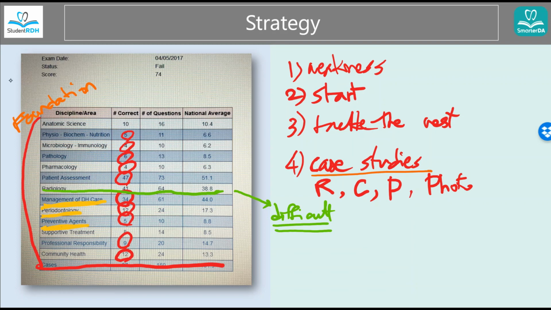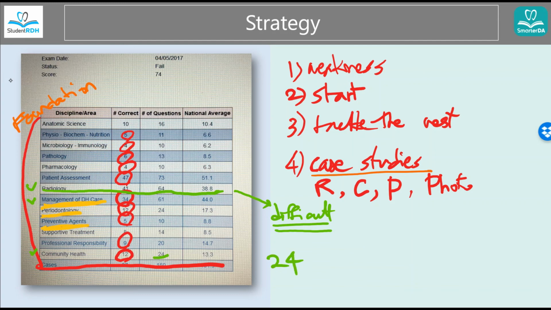And also I tell them dental hygiene process of care, okay, that's most important. And then I also go to community health. The reason why is because you will actually see a lot more community health questions than you probably have anticipated. If you look, there's 24 questions.